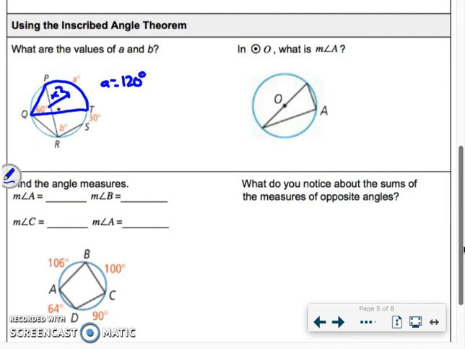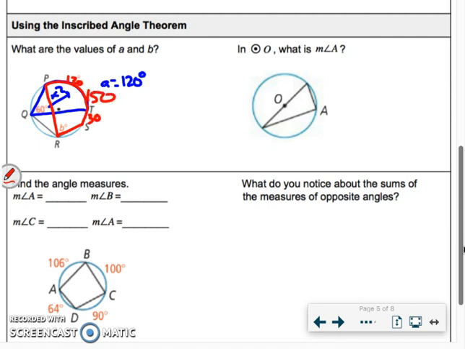Okay? Then we move on to look for B. All right, B is an inscribed angle. If I trace that, I can see that that's going to cut off an intercepted arc through A, and then including this 30. So if this is 120 and this is a 30, that means that total we have 150 degrees right there.